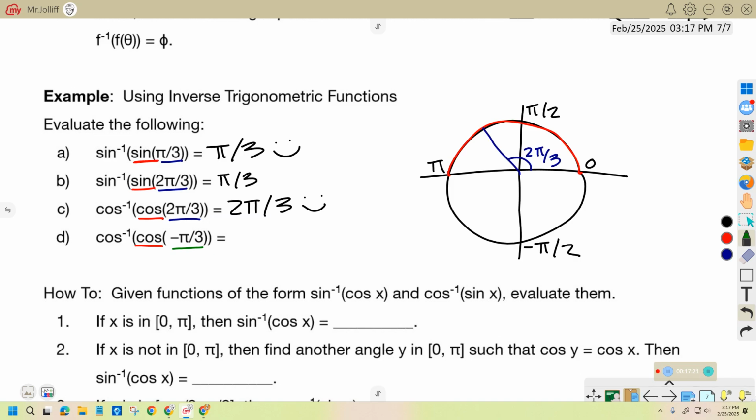Positive is counterclockwise, so negative is clockwise. So 1/6, 1/4, 1/3. I'm down here. Negative pi over 3. Does that put me in the red zone? No, sad face. Not in the red zone.